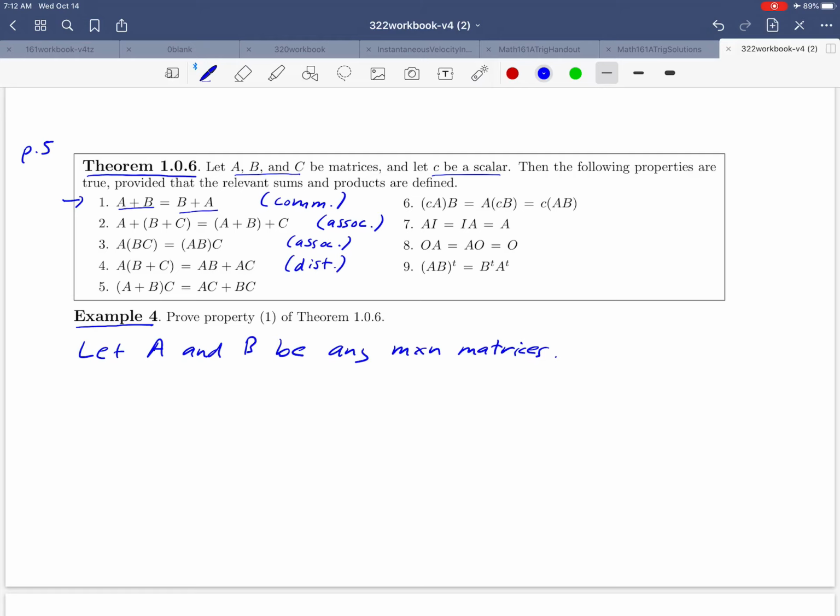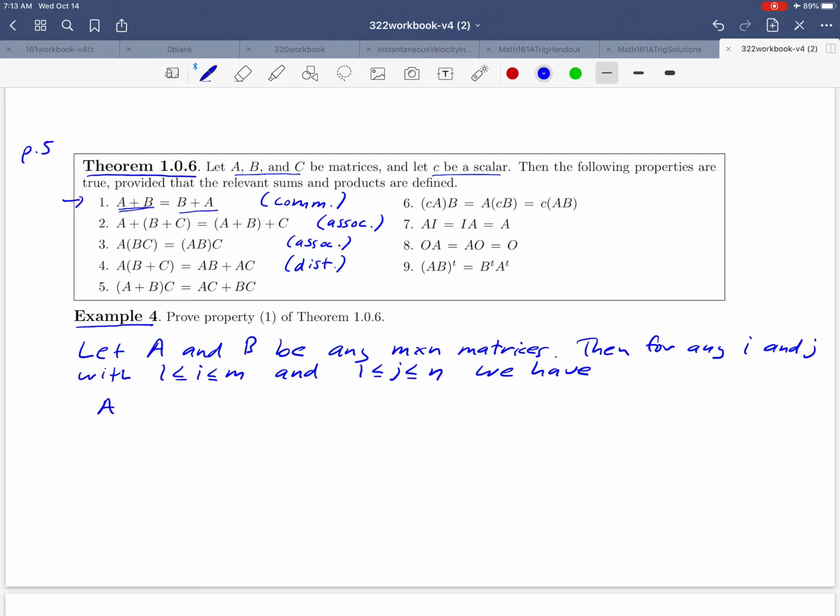And then as I just said, we're going to pick an arbitrary entry in the matrix A plus B. So for any i and j, that's going to be kind of the name for our row number and column number, with i between 1 and m, and j between 1 and n. Because basically i is representing row number, and j is representing column number.